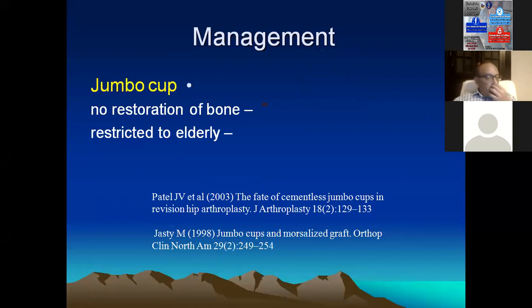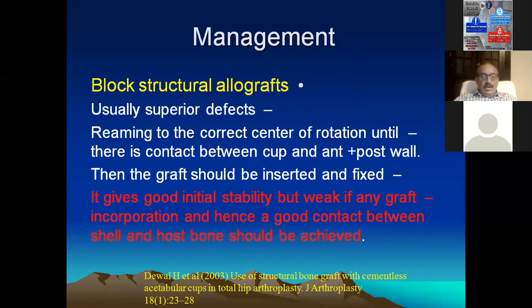So there is no restoration of bone, and it is only restricted for the elderly. You can use a block structural allograft, and this is usually in the superior defects. So you ream to the correct center of rotation until there is a contact between the cup and the anterior and posterior wall.